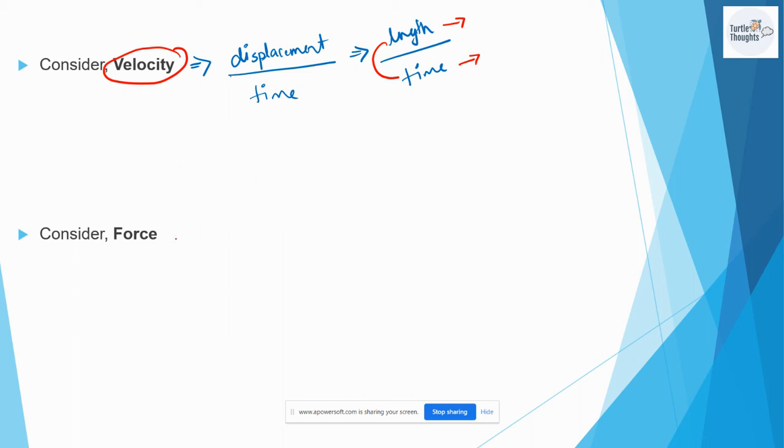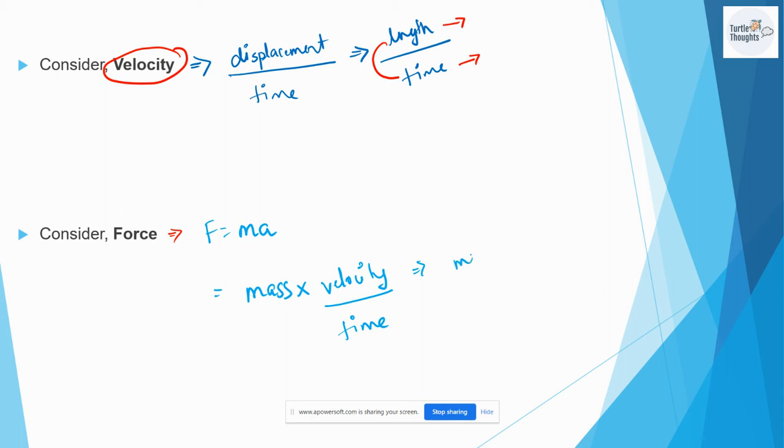Okay. Similarly, we can take force also. What is force? We know from Newton's second law that force can be written as m into a. What is m here? m is nothing but mass, right? Mass into acceleration. What is a? Acceleration, can it be written as velocity divided by time? What is velocity? We have already seen here velocity can be written as length over time, right?